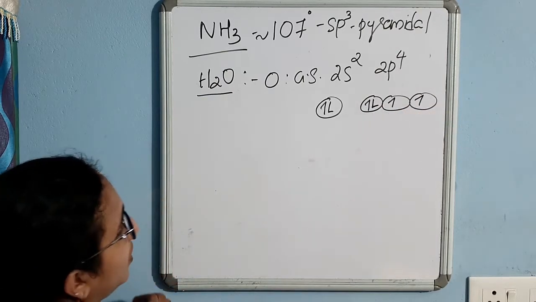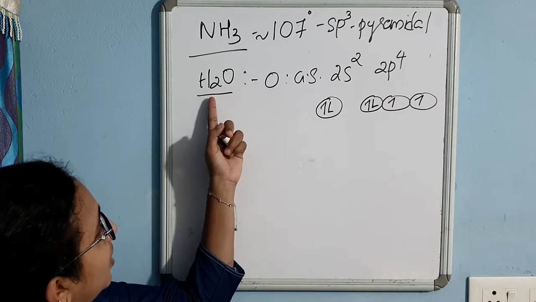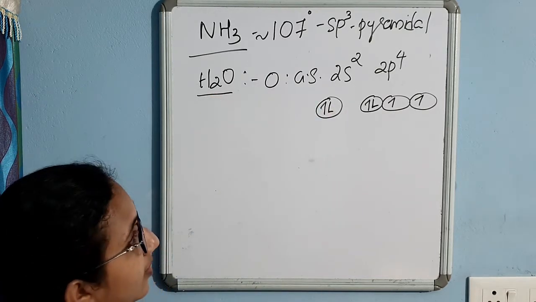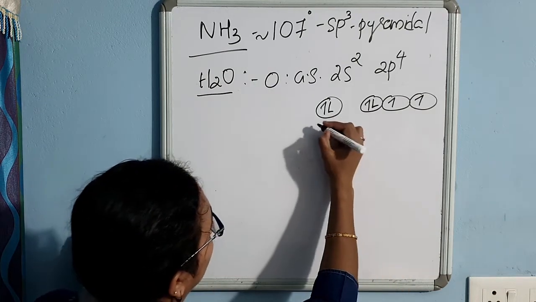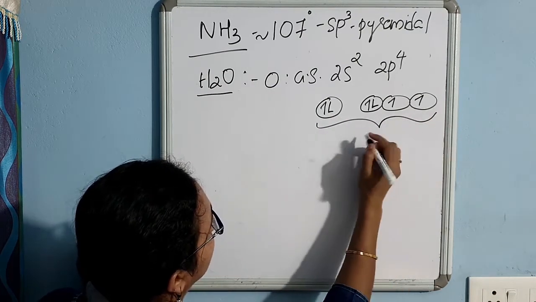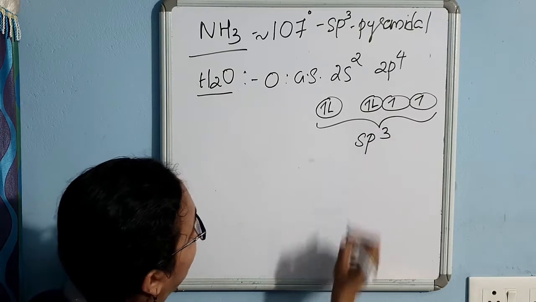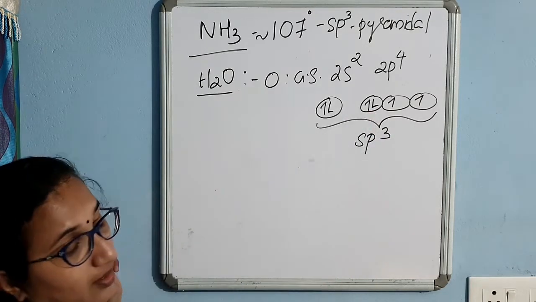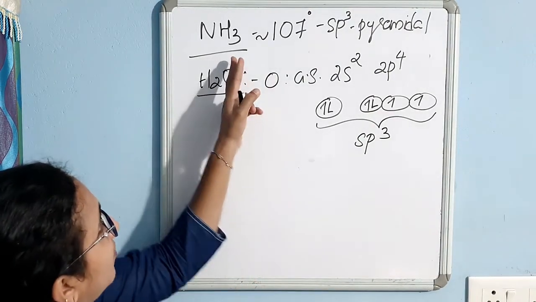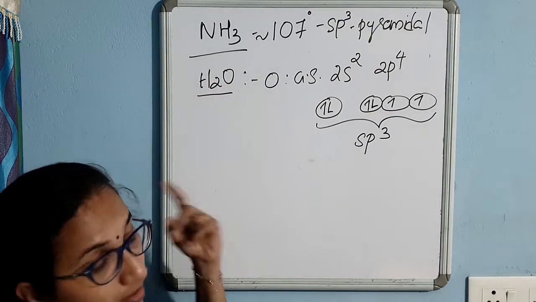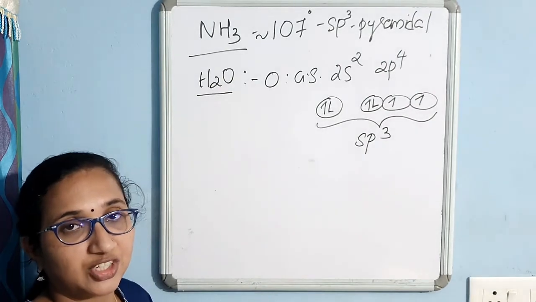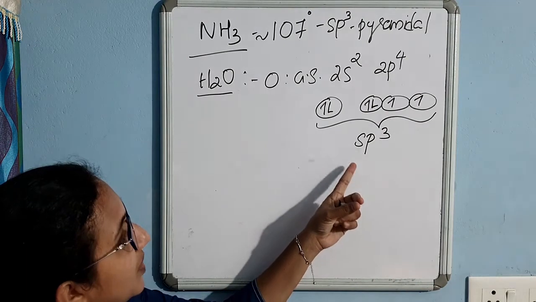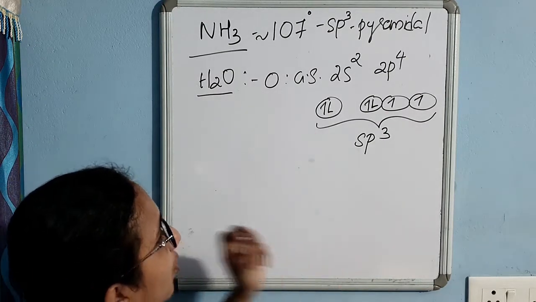In order to combine with 2 hydrogen atoms, this oxygen should make available 2 half-filled orbitals, and there are already 2 half-filled orbitals, so it undergoes the same sp3 hybridization, but here we have 2 lone pairs. In the case of the ammonia molecule, it was also sp3 hybridization, but there was only 1 lone pair, but in this case there is sp3 hybridization and 2 lone pairs.